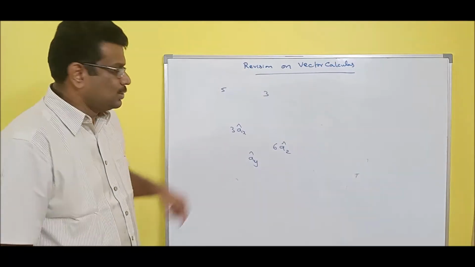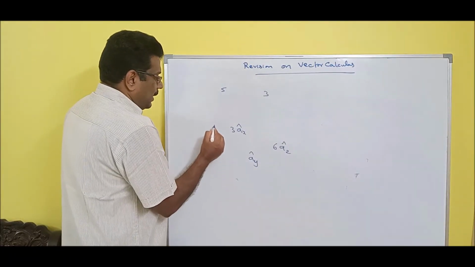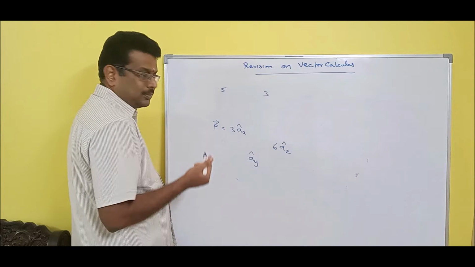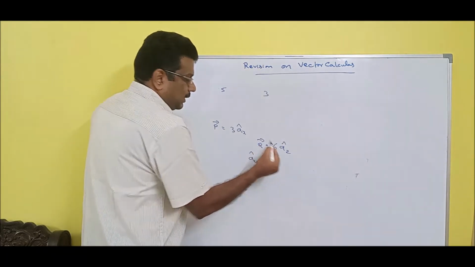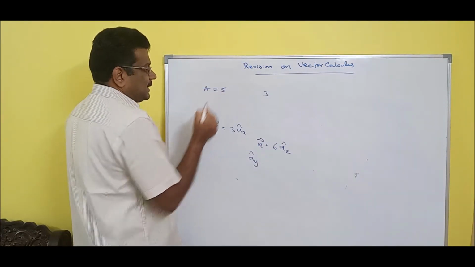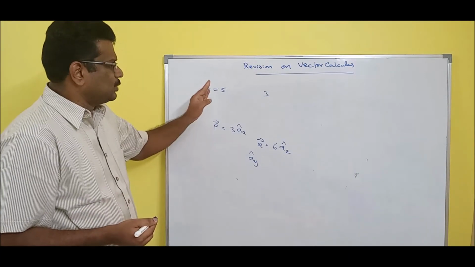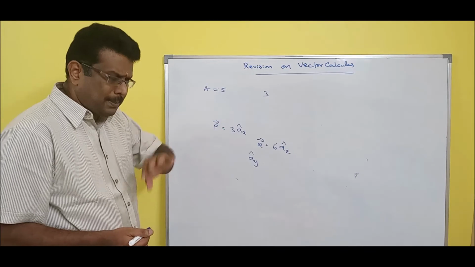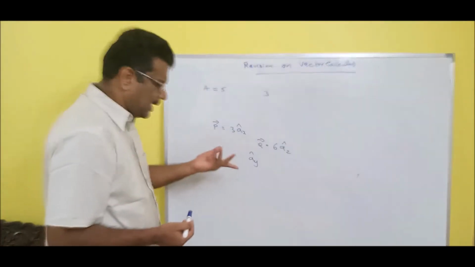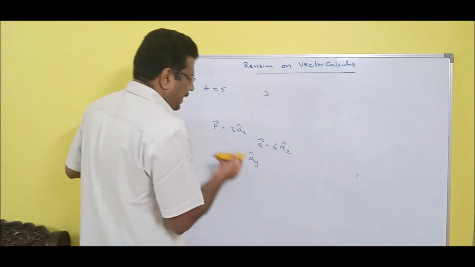Now I can say P is a vector, Q is a vector, A is a scalar. A has no arrow mark. So if it is a scalar, it has only a number. If it is a vector, it has a number as well as the direction. If the number is not there, its magnitude is 1.